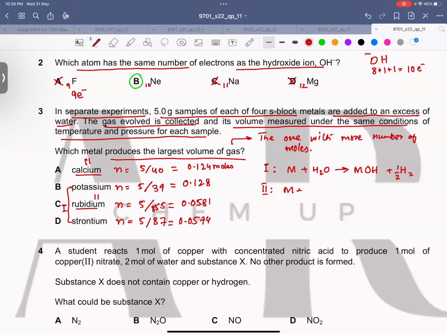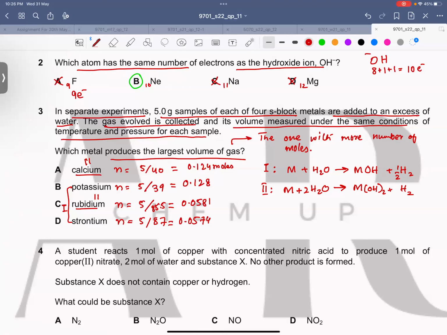Then when a group 2 metal reacts with water, it will form metal hydroxide and hydrogen, and here 2 moles of water are used. So for group 2, 1 mole of metal produces 1 mole of hydrogen, but for group 1, 1 mole of metal produces half a mole of hydrogen.